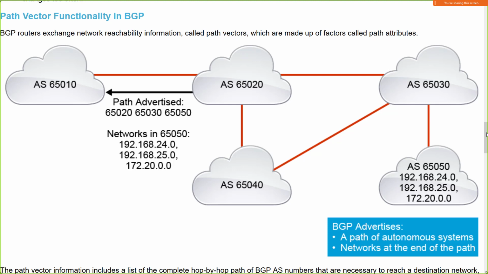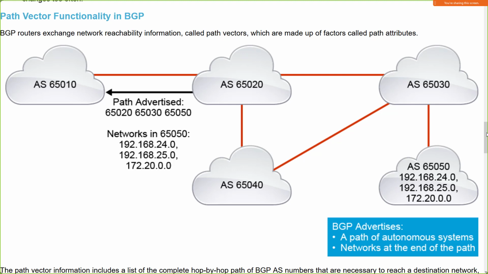That is what we refer to as an AS Path attribute, an autonomous system path attribute. What I don't know from a BGP perspective, though, is what's inside of those autonomous systems. I don't know how many routers existed within those autonomous systems. I don't know what kind of IGP protocols are running in those systems.